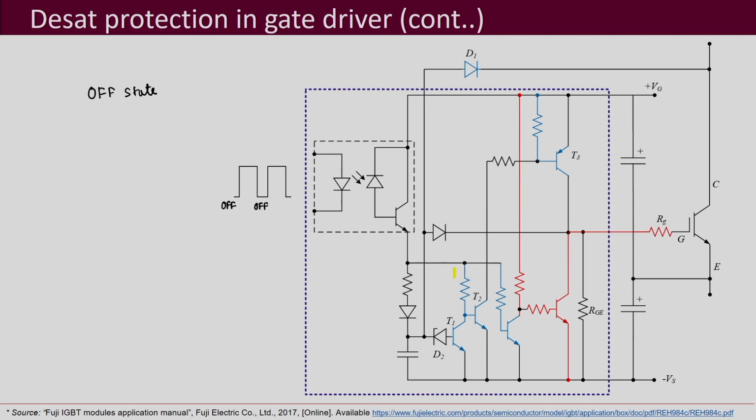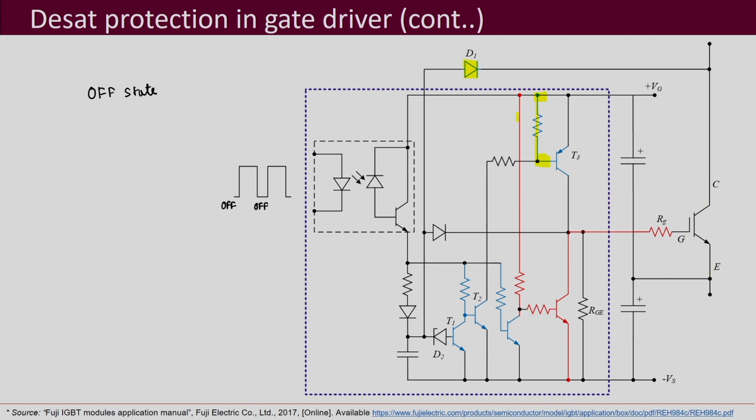And what will happen is that this is your high, so this high is going to come here, and this is PNP, so this will be off. Whatever is shown as blue is off. This diode D1 is also shown in blue, so it is also off, because it is in the blocking state.